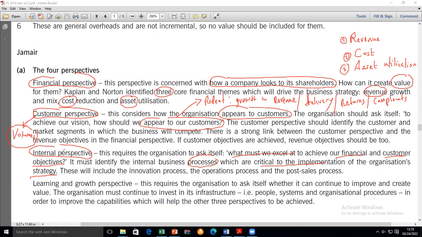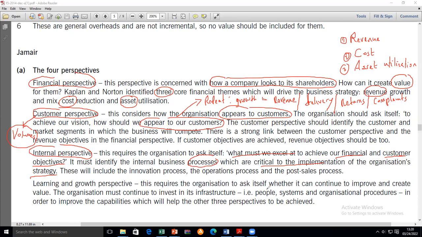I hope that you picked them. I want you to highlight those for me. Lastly, learning and growth perspectives.